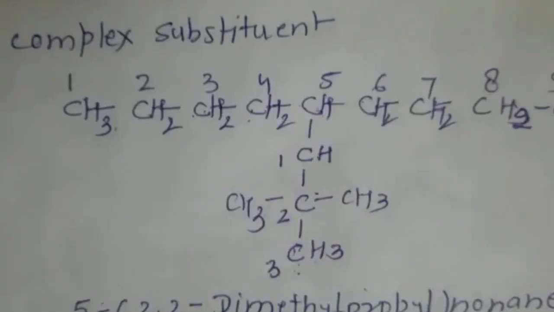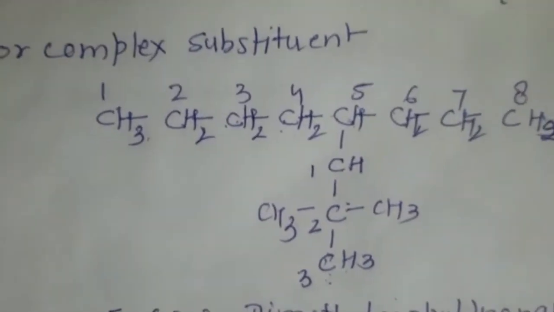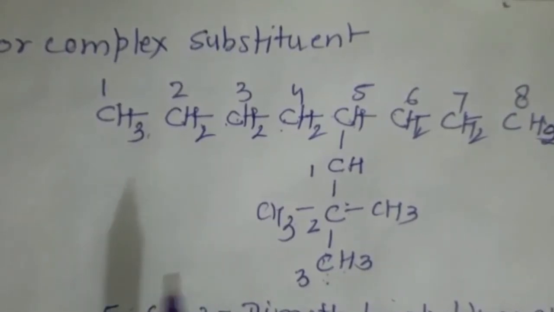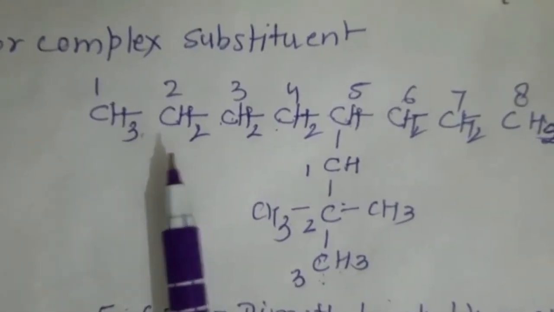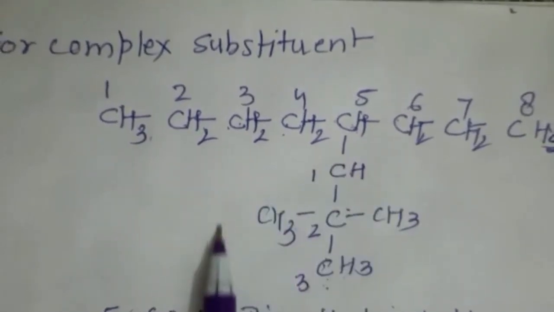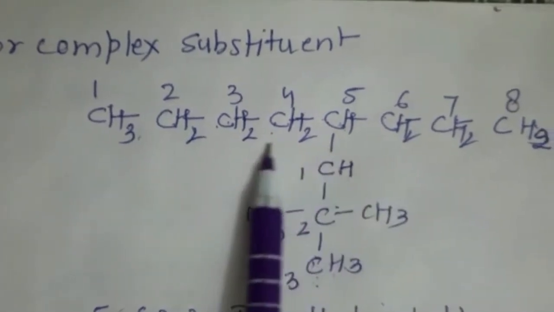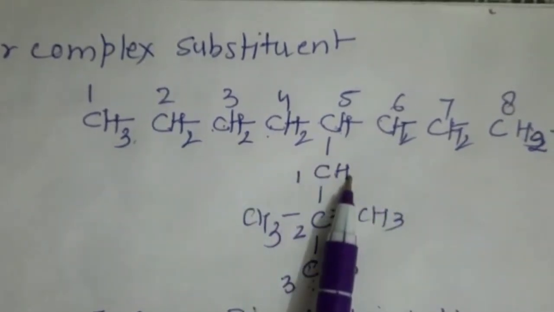Now again, the last rule is how to name the complex substituent. Suppose a branch itself contains another branch. It means this alkyl group is not a simple alkyl group.